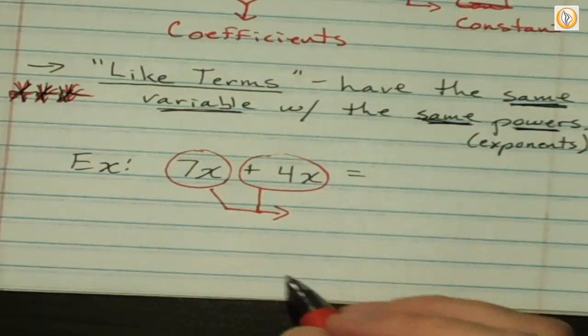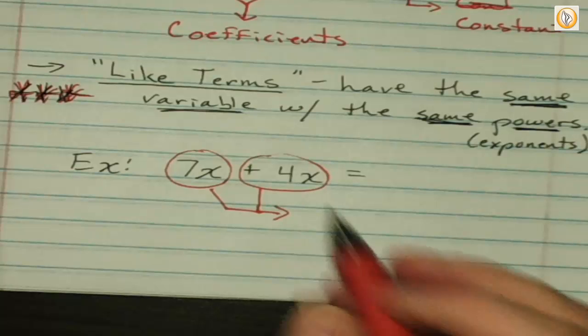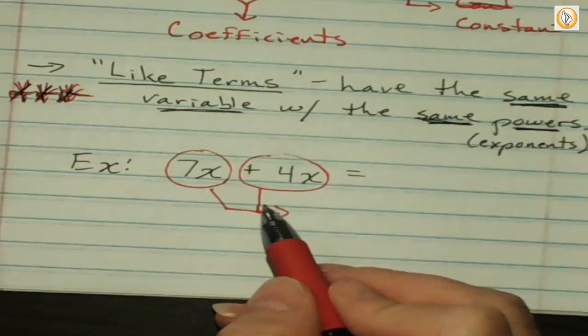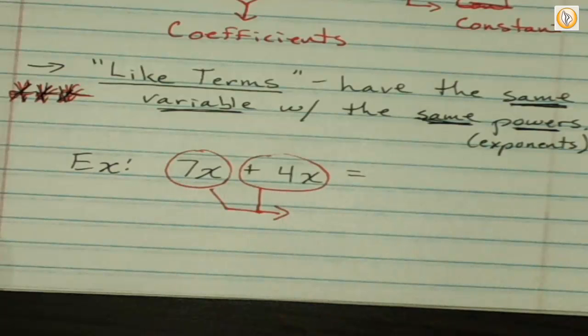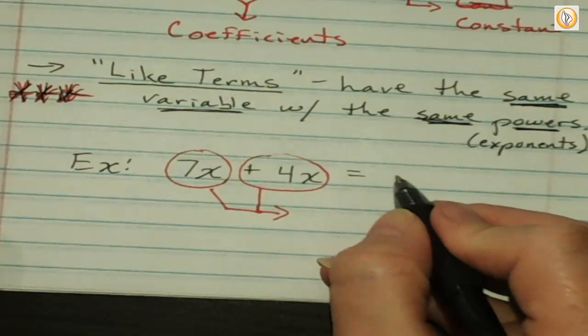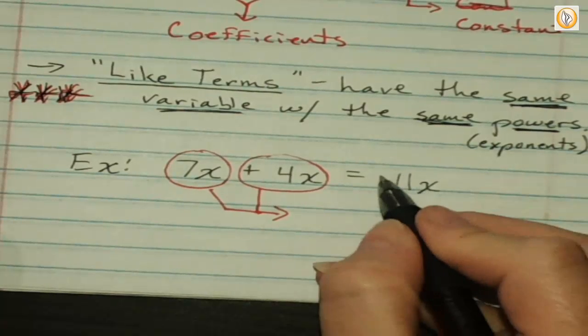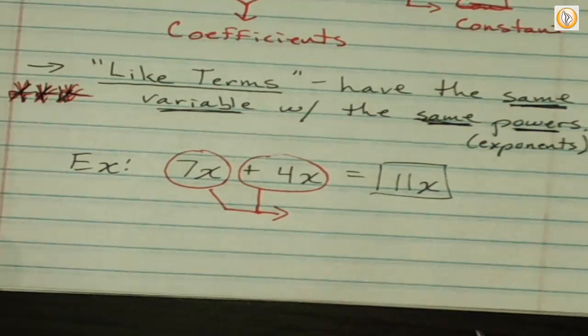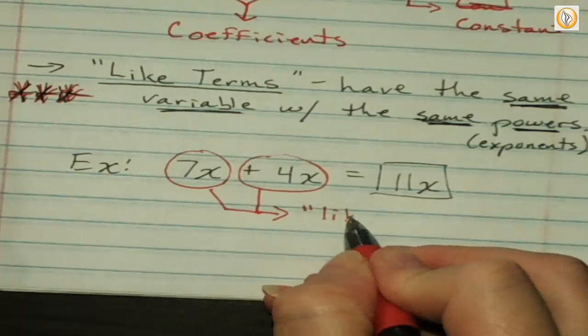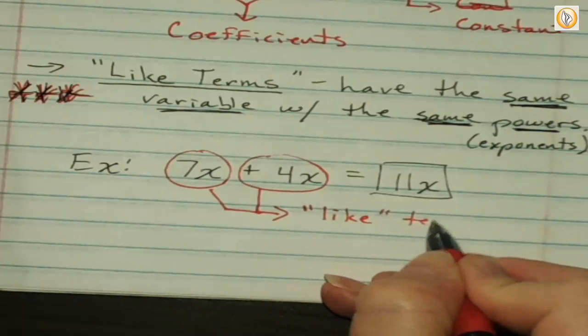Why do we have to circle the plus with it? Because this means it's a positive 4x, so you need to make sure you do that. So 7x plus 4x is what? 11x. Yep. And these are your like terms.